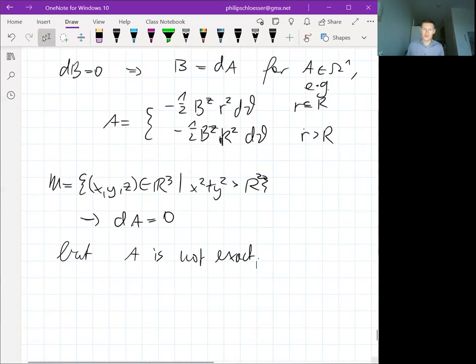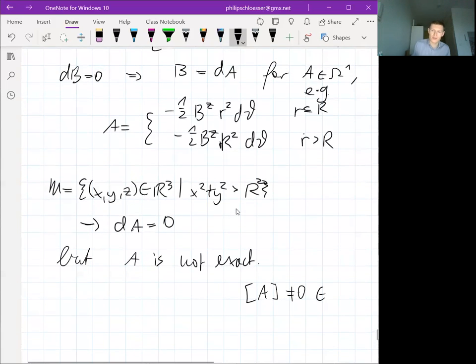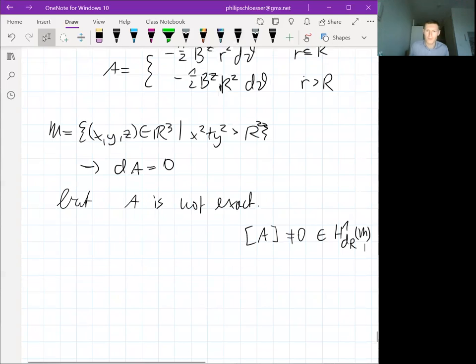I think I have that a bit later. Anyway, this shows that the equivalence class of A is non-zero. It's a non-zero element of the first de Rham cohomology group, right? Yeah, because it's a one form.